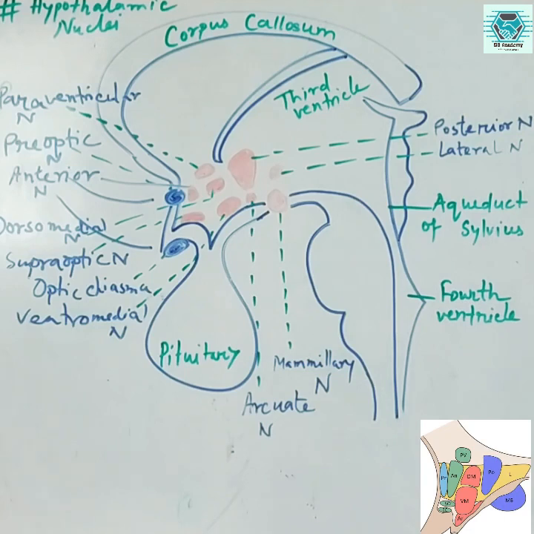So the hypothalamus not only acts as the head ganglion of the autonomic nervous system, but also ensures coordination between autonomic and somatic responses, as in emotional expressions, etc. These are the nuclei present in the hypothalamus.